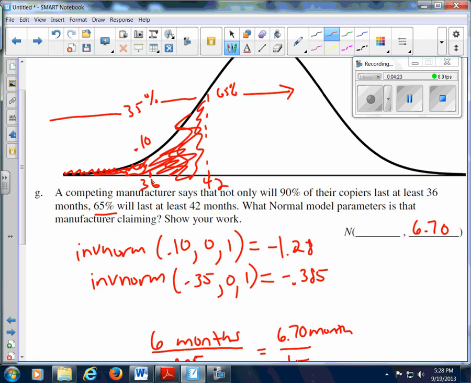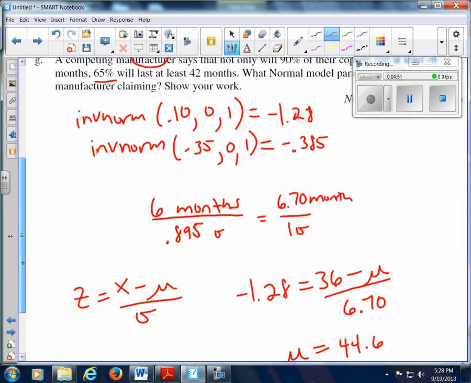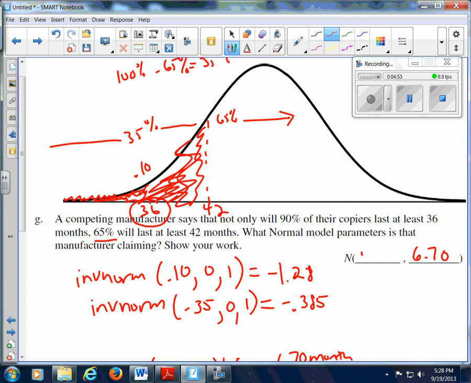So negative 1.28 is equal to 36 months minus the mean, which we don't know, divided by the standard deviation of 6.70 months that we just solved for. And if I do a little bit of algebra and solve for mu, which is our mean, it's going to give me 44.6. So our mean in this case is 44.6 months.